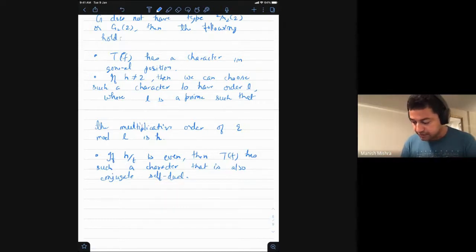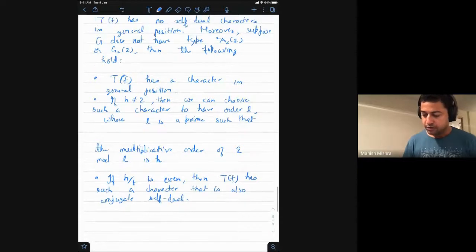If H mod T is even, then this torus will admit a conjugate self-dual character, and therefore this group will admit conjugate self-dual cuspidal representations. And the middle part is some technicality which we use elsewhere.